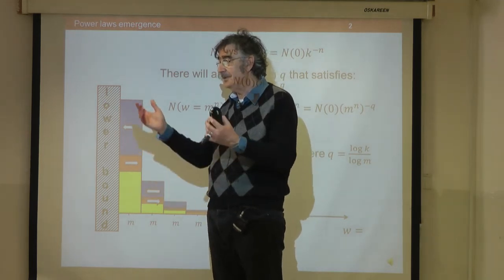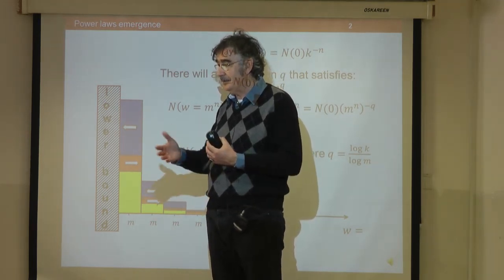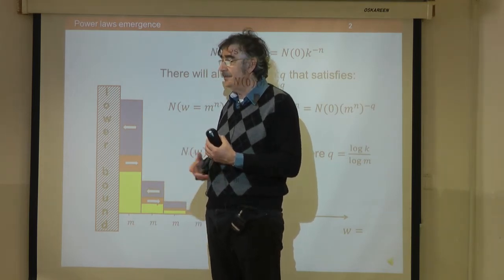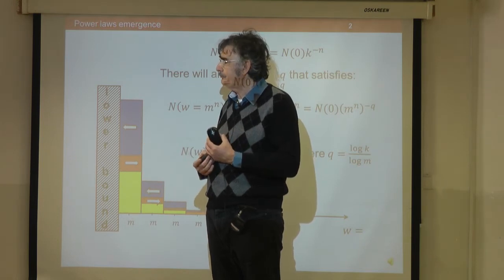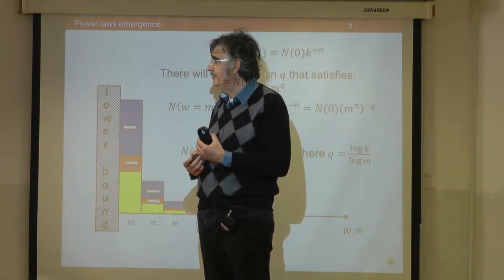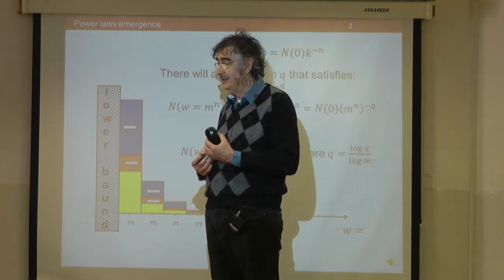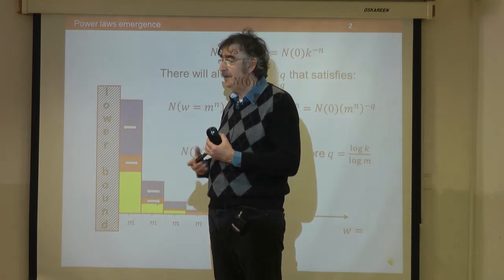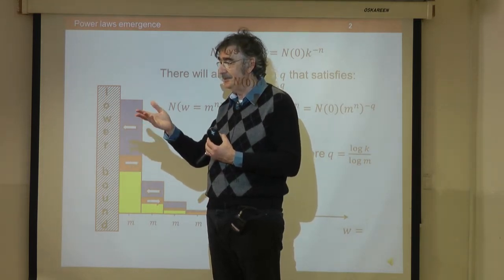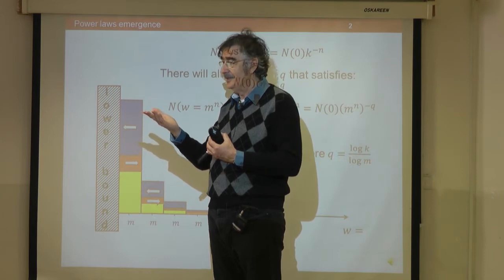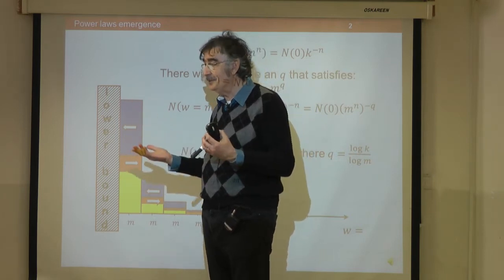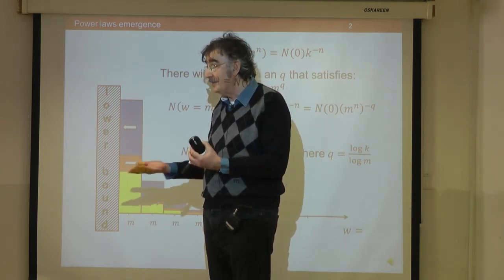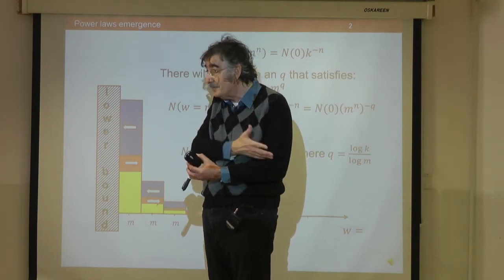Suppose you take some statistics of people in the central bus station of Tel Aviv, and you ask them how many people go to a small city, Afula, and how many go to Jerusalem. You would accept that it would not be an equal number. It would be much more to Jerusalem because Jerusalem is bigger.